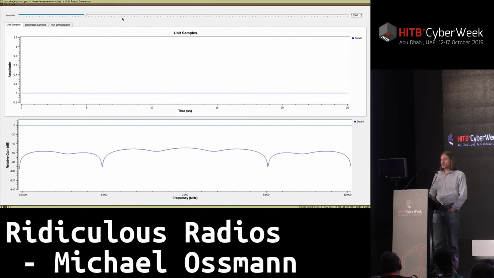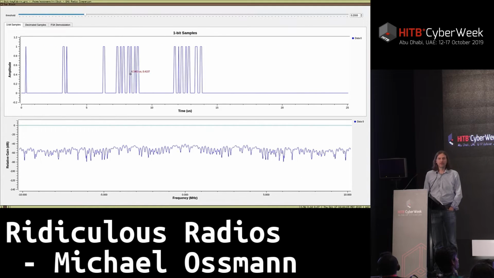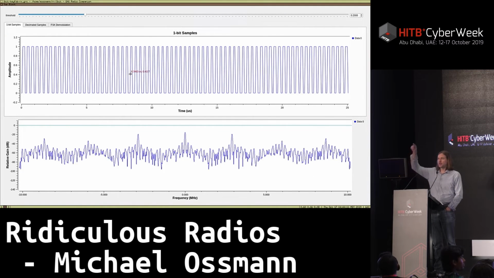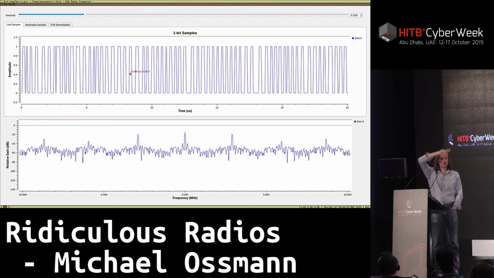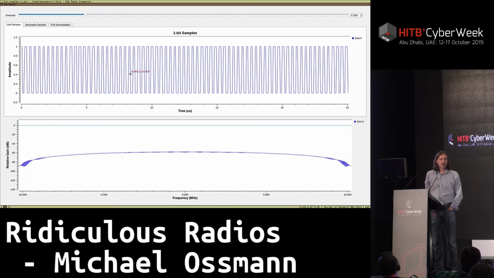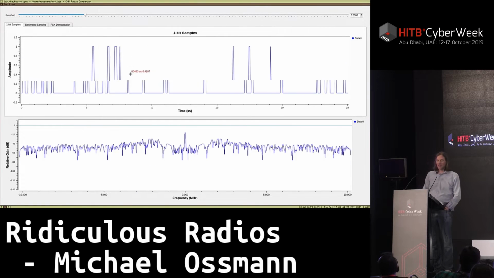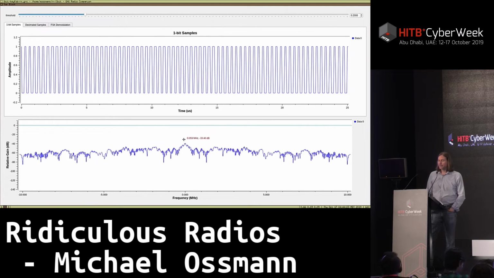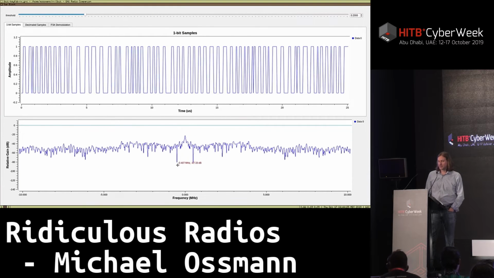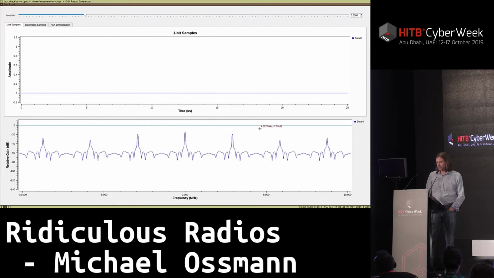So here in the top, you can actually see our 1-bit samples. See how that plot just jumps up and down between 2 points, because every single sample is either a 0 or a 1. So that's my raw sample stream that's coming in from my GPIO pin. And down on the bottom, you can see a frequency domain representation of that. And you can see sometimes that there are these peaks of frequency that turn up.